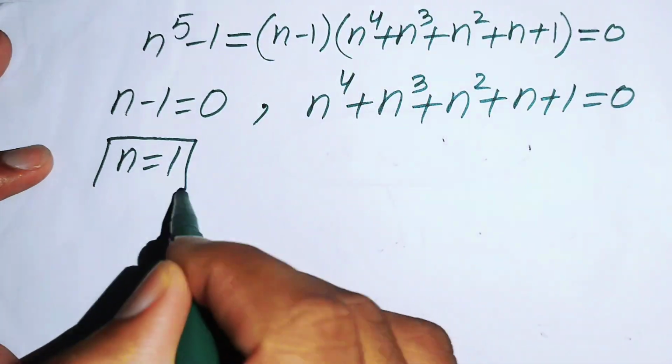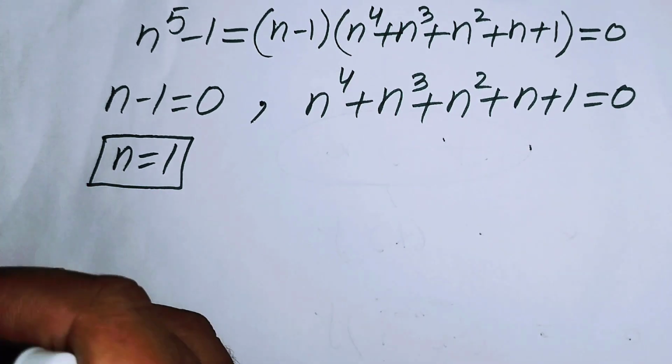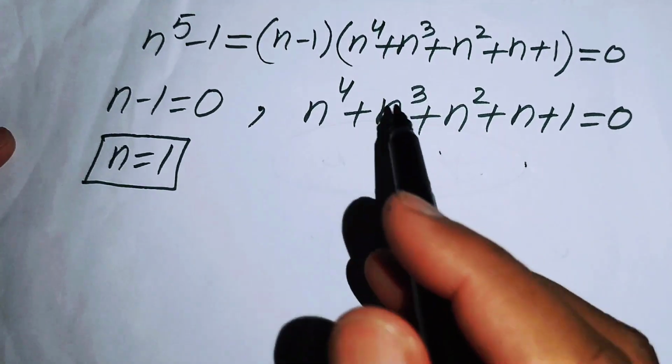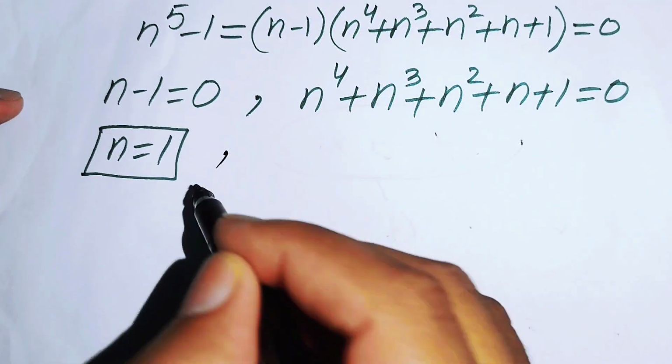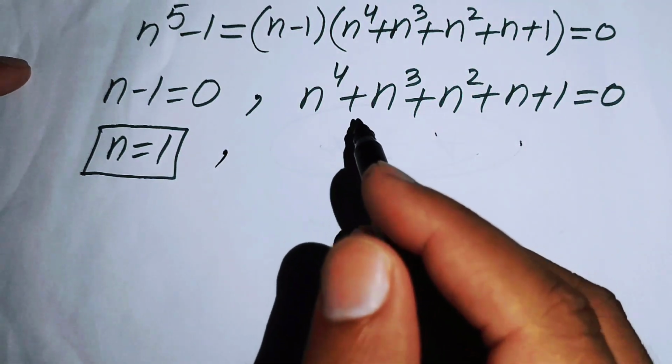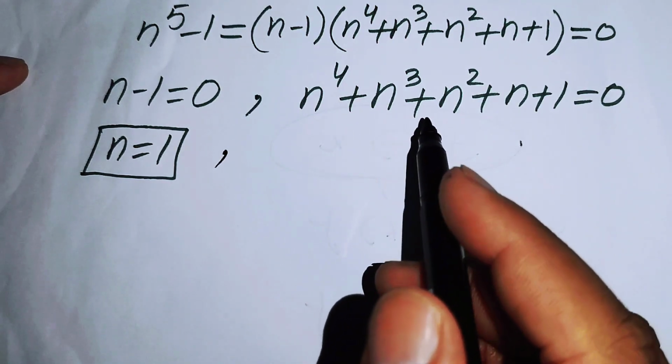So this is the first root of the given equation, which we already found, and now we move towards this factor, and in this factor I can divide each term by n squared, because it is a reciprocal equation.